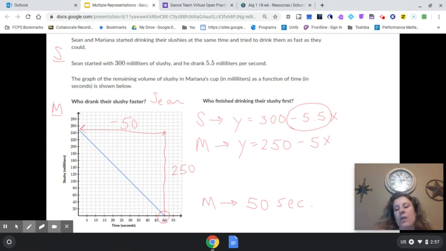But if we think about what this is on the graph, that's my x-intercept. So when we're trying to find an x-intercept, we're going to substitute 0 in for y. So I'm looking at Sean's equation here, where it says y equals 300 minus 5.5x. Let's substitute 0 in for y and solve this equation.